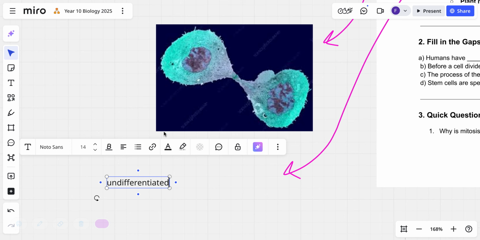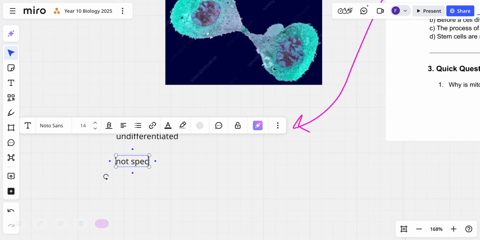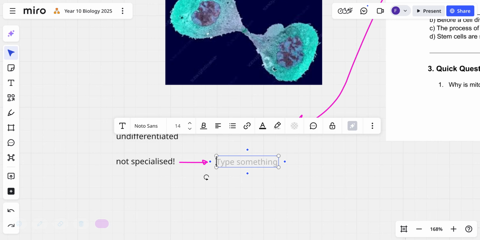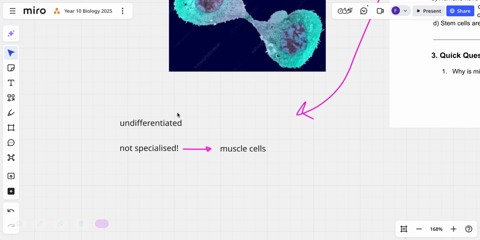What we mean by undifferentiated cells is, let's add another one, they are not specialized. What I mean by not specialized is that they've not turned into muscle cells or brain cells or any kind of cells. So these have not turned into anything.